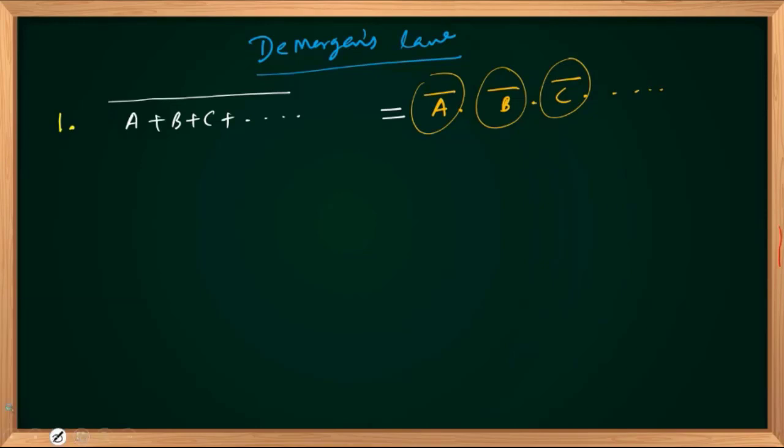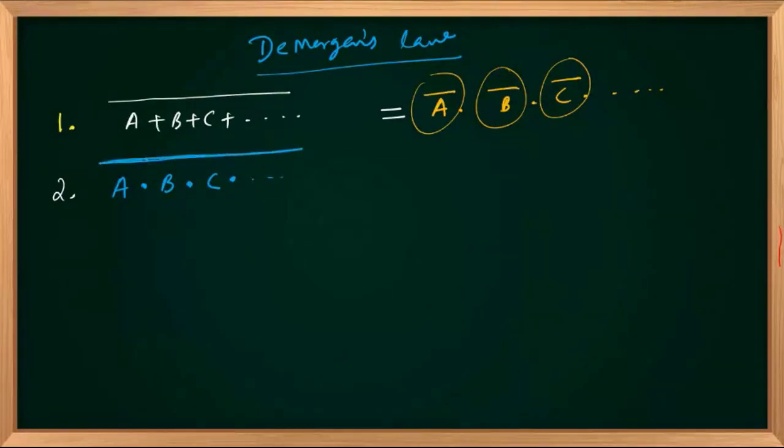Then statement number two, similar to this. Actually, it's the dual of the first statement. What is the dual of the first statement? A same as A, or with and, B as B, or with and, C, etc. And I should not change the complement while taking the dual.